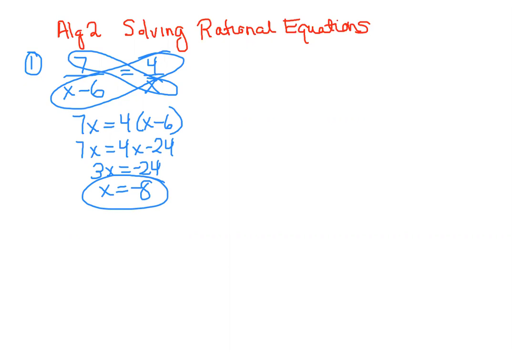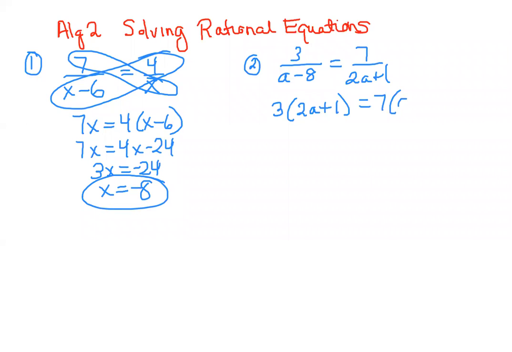Okay, let's look at number 2. Easy enough. 3 over a minus 8 equals 7 over 2a plus 1. Go ahead and cross multiply. We get 3 times 2a plus 1 equals 7 times a minus 8.